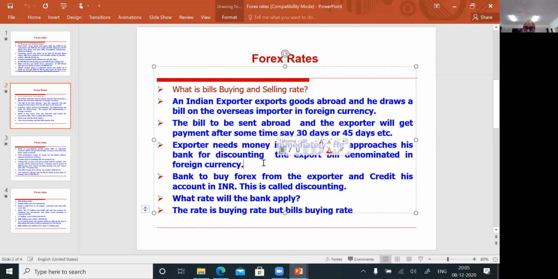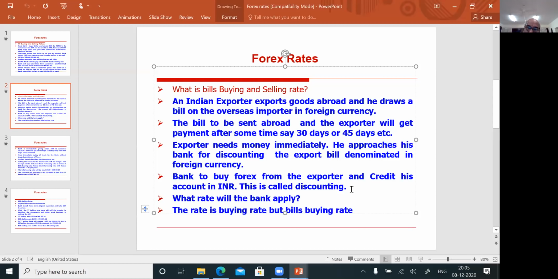So you are buying the foreign currency and you have to give Indian rupees to him. The bank buys the forex from the exporter, not actual forex but an export bill drawn in foreign currency, and credits the account in Indian rupees. This is called export bill discounting. So under export bill discounting, you are buying the foreign bill and crediting Indian rupees to the customer.